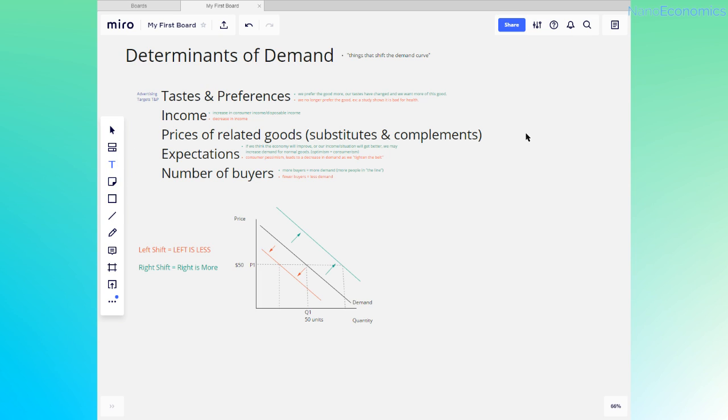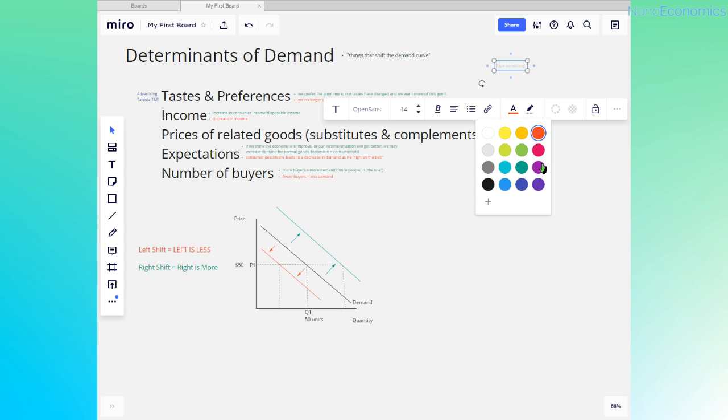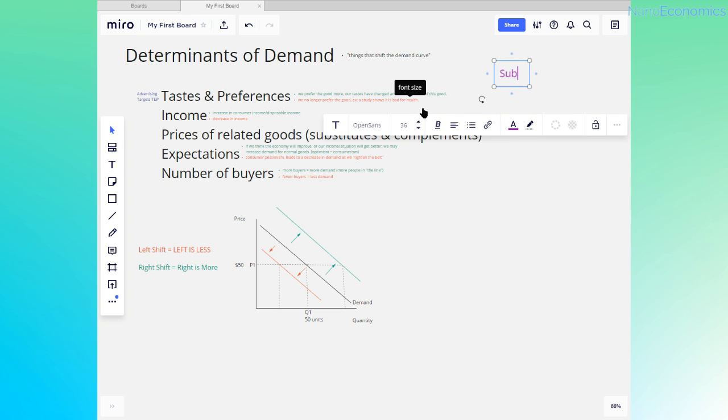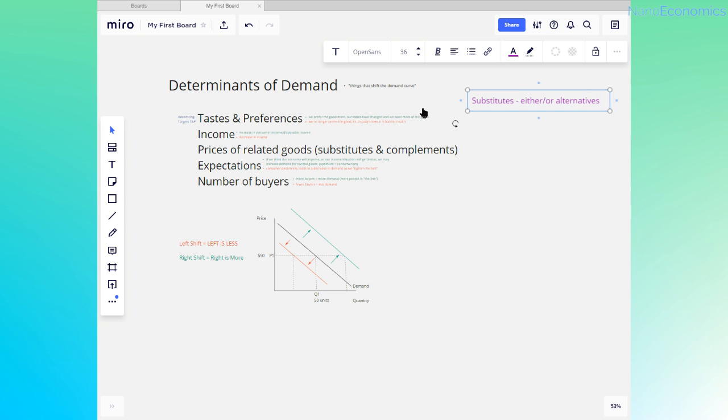And what we want to do is break away for just a second, because I want to define substitutes and complements. So some examples of substitutes.